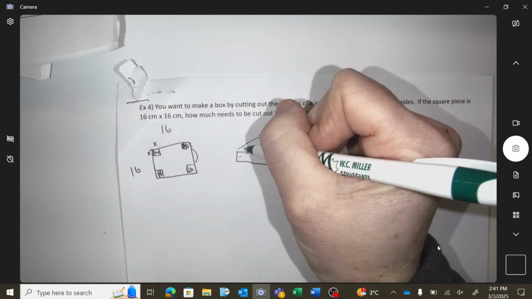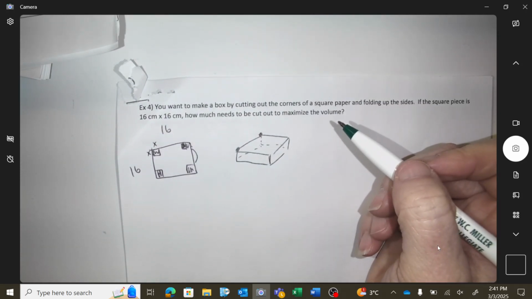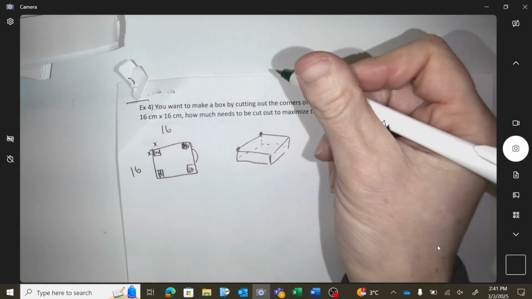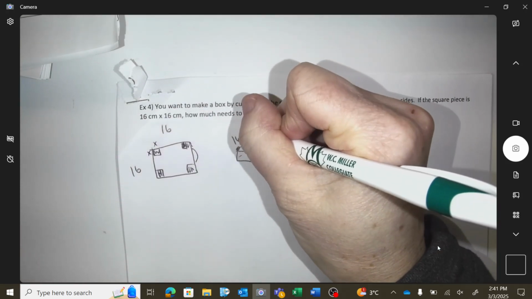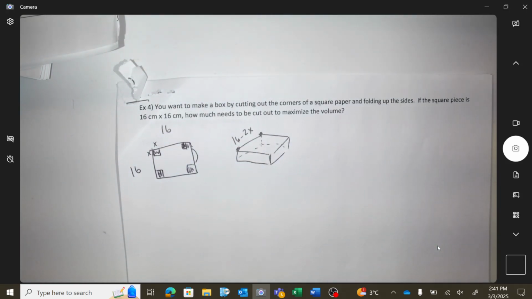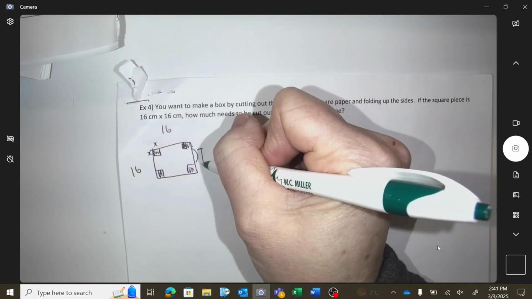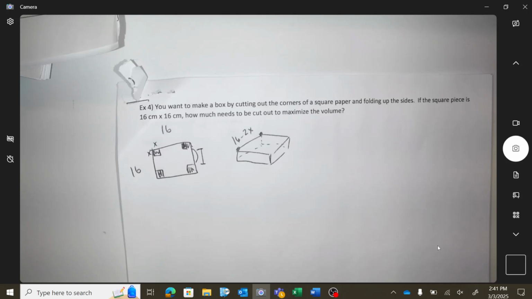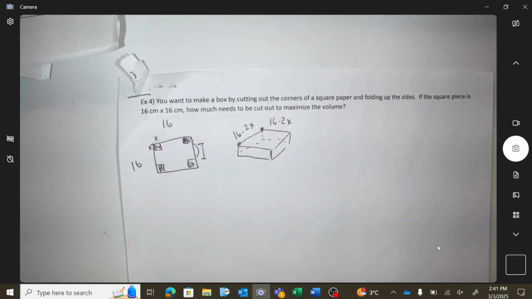Okay, what is the new wall of this box? Do you remember how to do that one? It started out as 16, and then we made a cut in this corner and a cut in this corner. Minus 2x. Because we took an x off and an x off, and now this flap, right? 16 minus 2x also, because it was a 16 by 16.